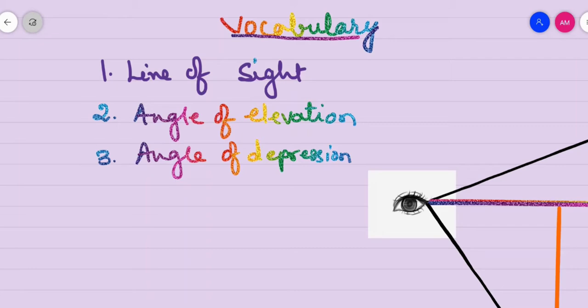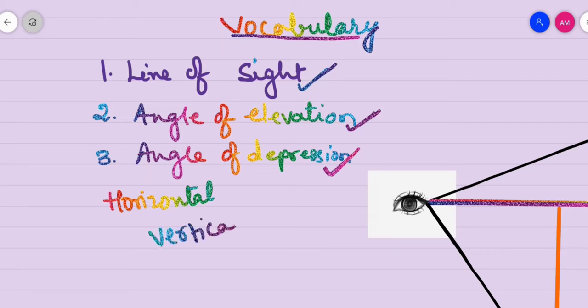See here, I have written line of sight. This you should know. What is angle of elevation? That also you should know. And what is angle of depression? Along with this, you should know what is horizontal and what is vertical. Okay, you should also know horizontal and vertical.